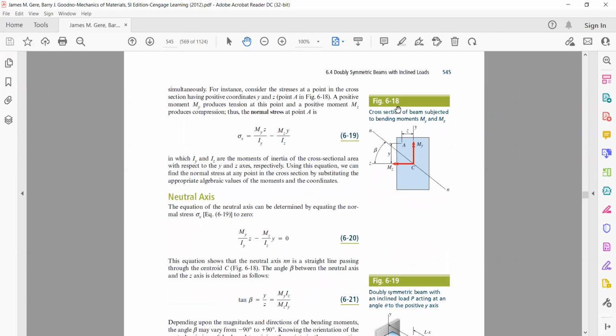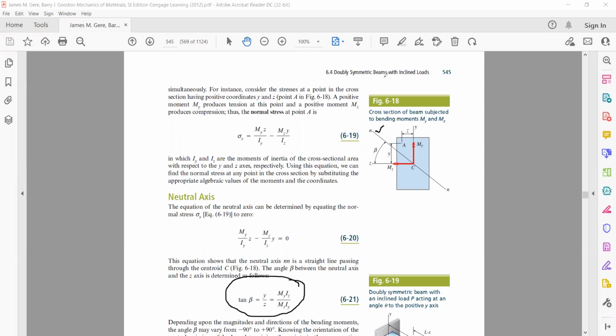Right now, we have established with the help of this tan beta formula that the neutral axis subtends an angle beta with respect to the z axis, undoubtedly. Fine. So we can at least say right now that our neutral axis does not happen to be the z axis, but is an axis at an angle beta with respect to the z axis. Fine. That's one important thing.